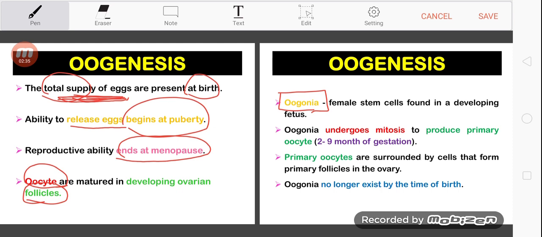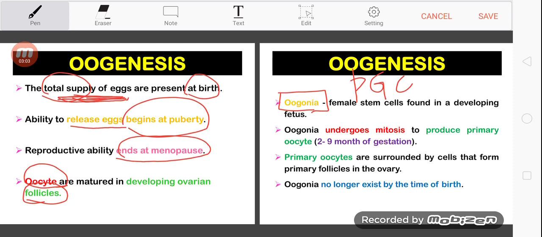If you remember our first video on gametogenesis, I did mention PGC, primordial germ cells. These PGCs will migrate to the genital ridge during embryo development, arrive at the genital ridge, and be situated there.